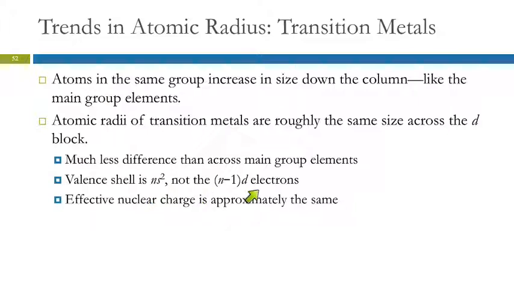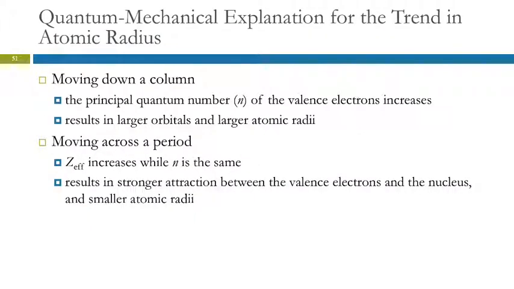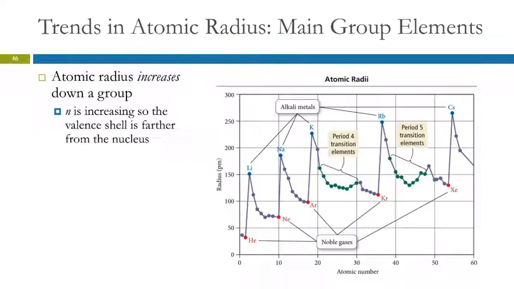So let's go back and look at that. My iPad's so confused. Okay, there we go. Here's period 4, the transition elements right here, right? It goes down, it comes up a little bit.